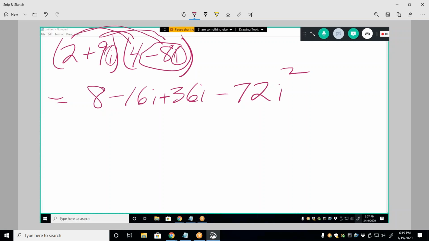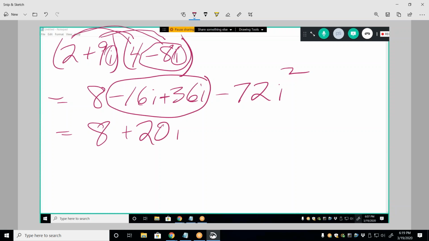Okay, now simplify this. You can always simplify those two middle terms. Negative 16i plus 36i is plus 20i. You need the plus sign. You can't just write 20i.